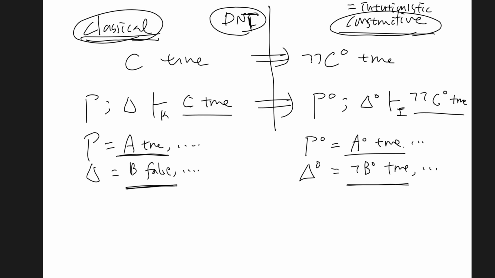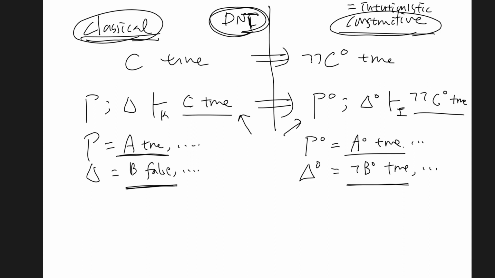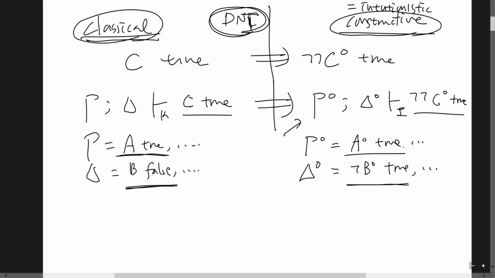So now we are going to give a proof of this double negation translation, but instead of working in terms of derivation trees, we'd like to work directly with the proof terms.